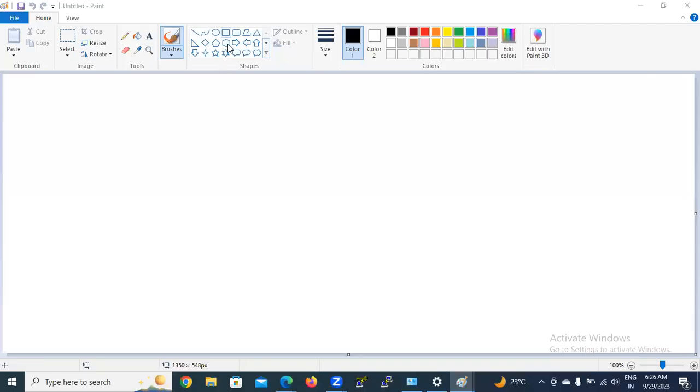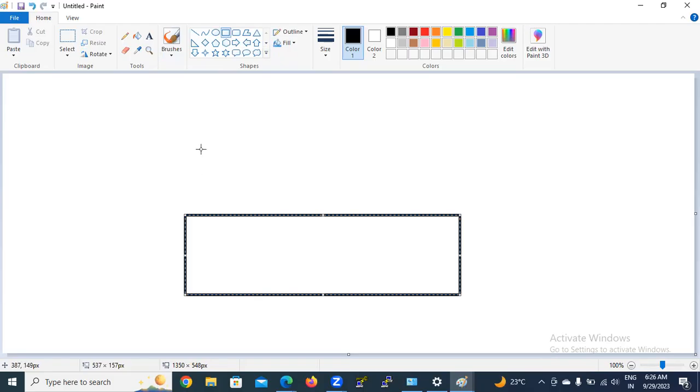Suppose I am creating containers. This is my host machine. On top of it, I am creating containers, and the container will start.